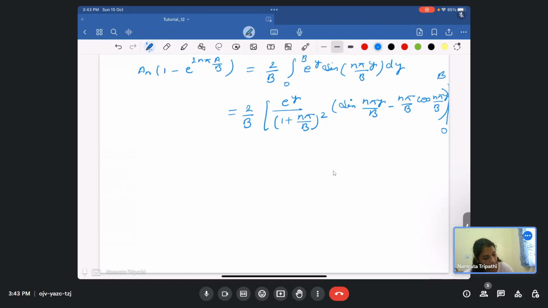Fine. So this is b square. I'm taking it in the numerator. b plus n pi whole square.